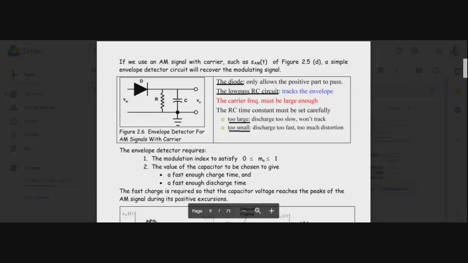when you have a signal that goes up in amplitude and then goes down and then finally becomes negative and so on, what will happen is that on the positive excursions, when the signal undergoes a positive excursion, the diode will be forward biased, and so it's going to be conducting.